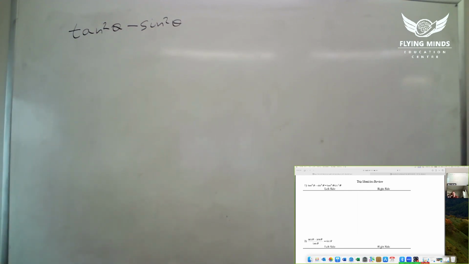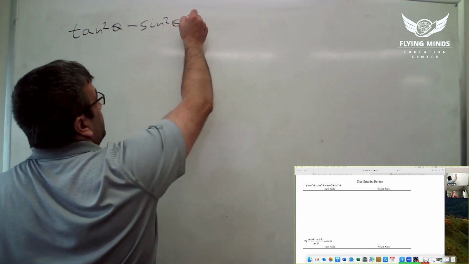I can change tangent into secant squared minus 1. Or is it not simple? So we want to prove that the left side equals the right side.